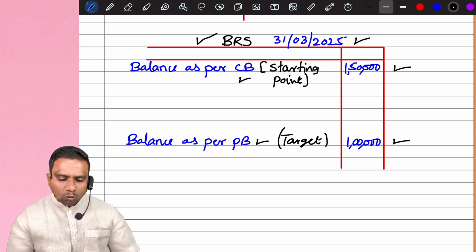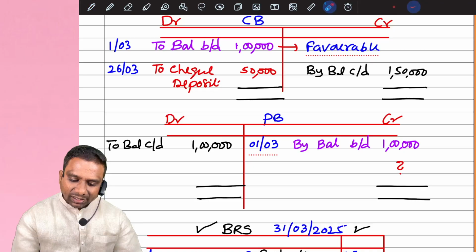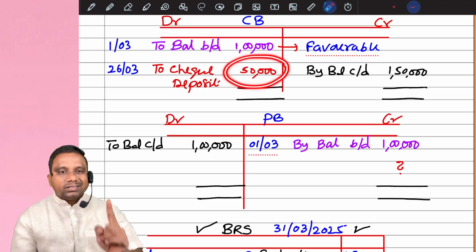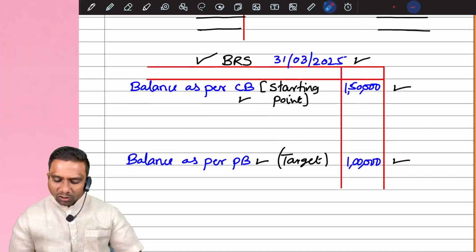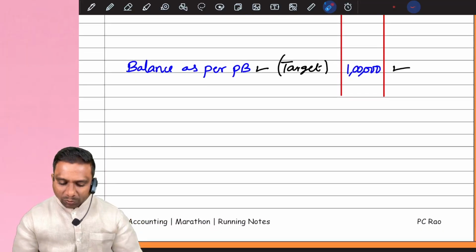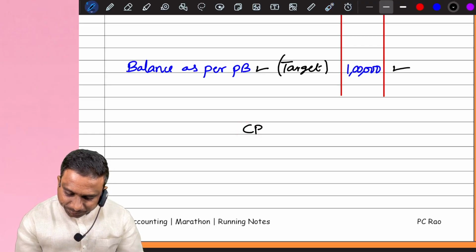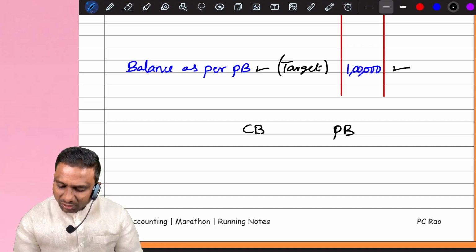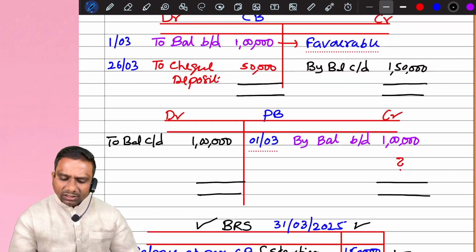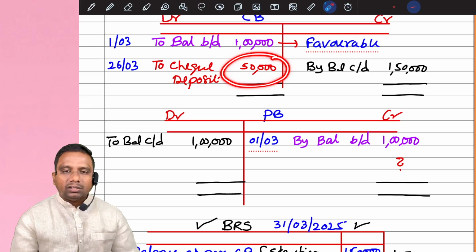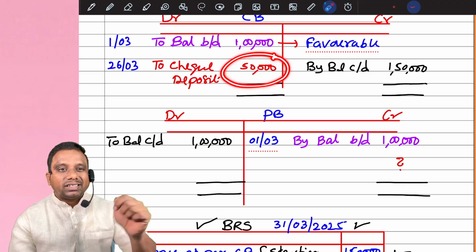Now observe here. What is the reason? Check deposited but not collected. You write down like this, a small working note to be prepared: cash book and passbook. The reason is check deposited into bank but not collected. Who recorded this transaction first? Cash book.